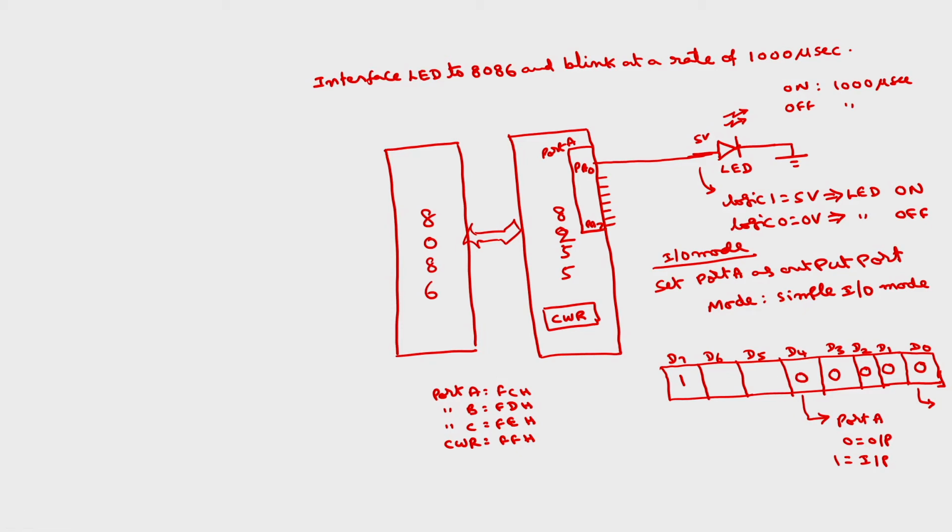The remaining last 4 bits can be either 0 or 1, whereas this should be 0, and these 2 bits are for mode selection of port A. I am using mode 0, which means this will be 0 0.